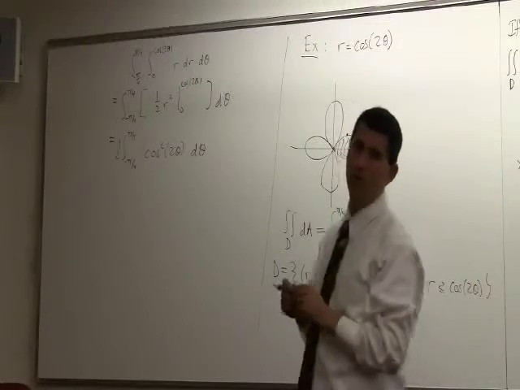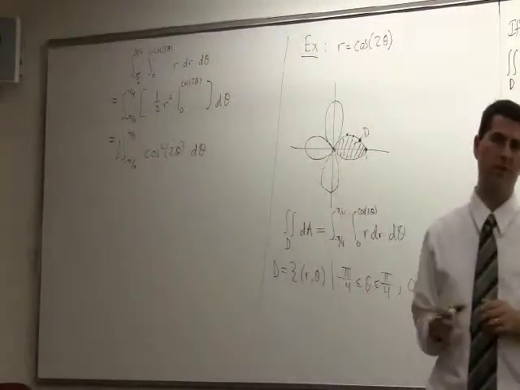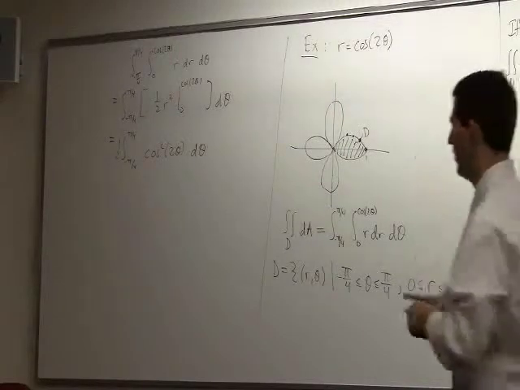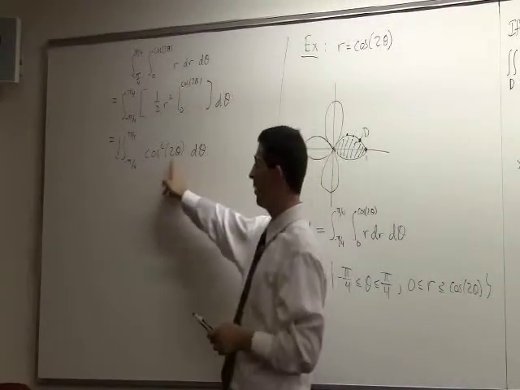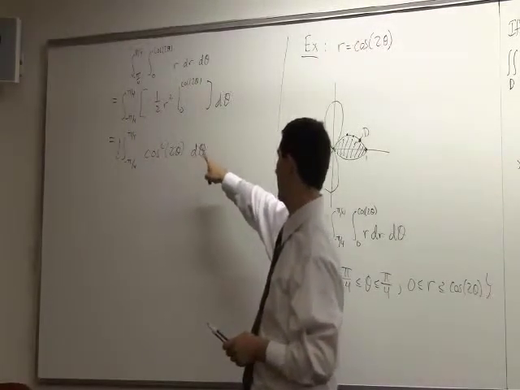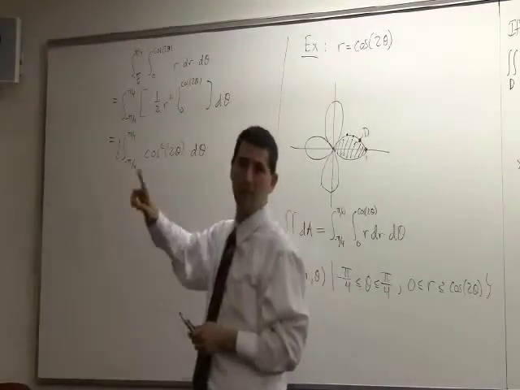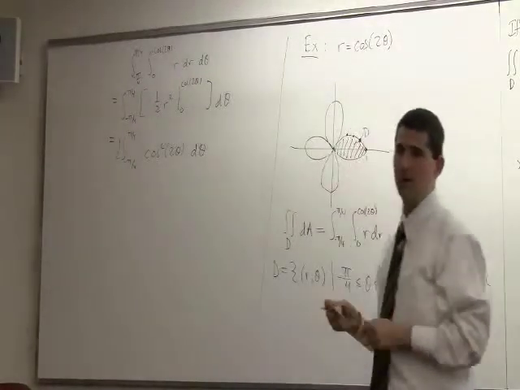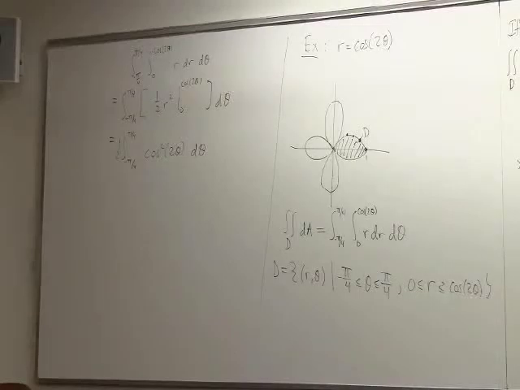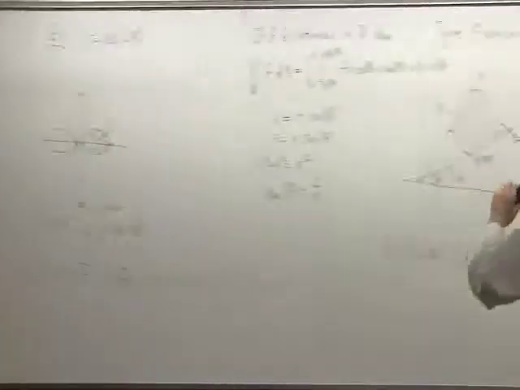Okay, so remember we use integration by parts to compute the integral of cosine squared. The cosine of 2 theta, well, we can get rid of the 2 theta if we do a u substitution. And that u substitution is going to produce another half to come out front. So just do a little side work here.